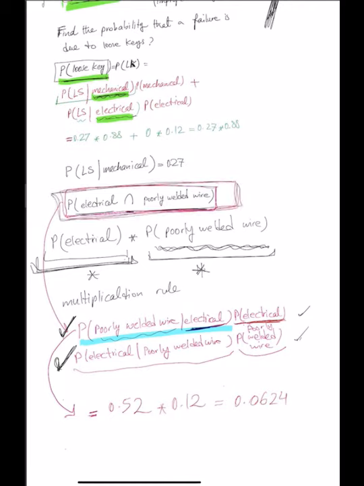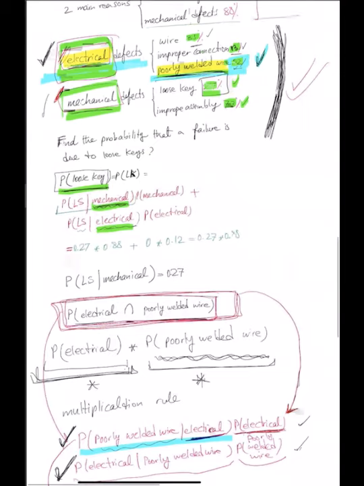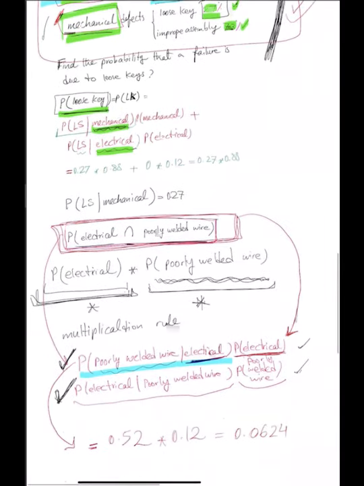So all these rules, total probability, multiplication rule, everything we learn is basically to find out how I can rewrite this based on the information that I have in the problem statement. So I can then plug in this information and find the value of this probability.